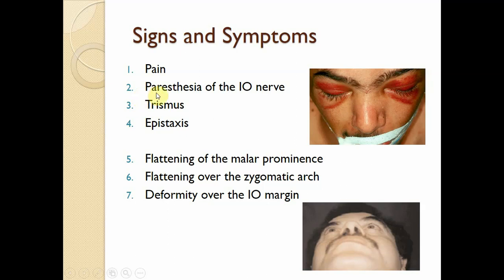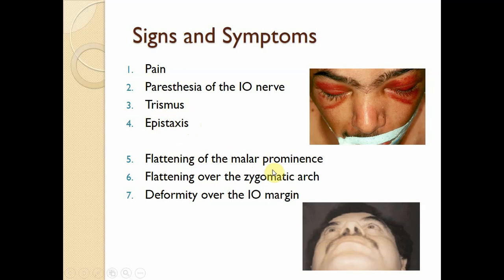The pain might be due to injury to the infraorbital nerve, because we already mentioned the fracture line that runs through the infraorbital rim and goes above or below it. So there may be a chance of the fracture site involving the nerve in between, that's why the infraorbital nerve is affected. Next, trismus will be there and epistaxis will be there.